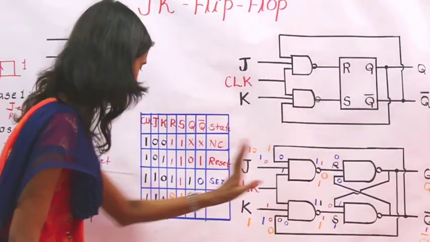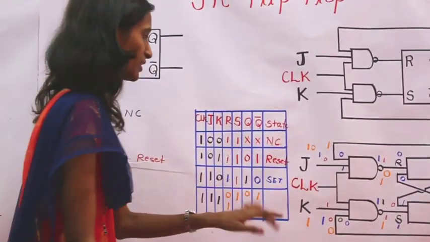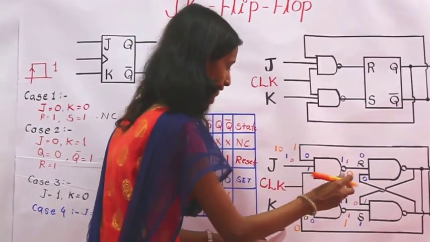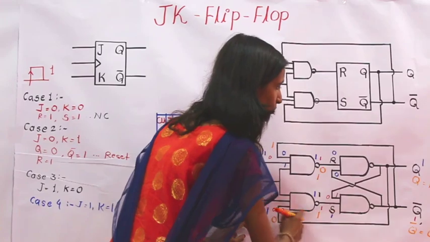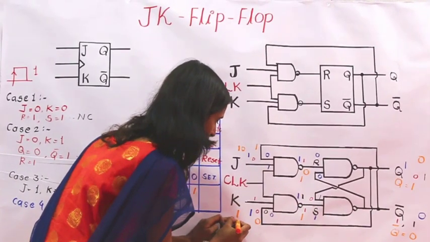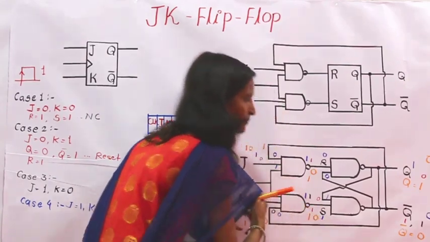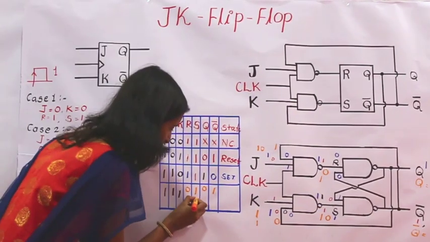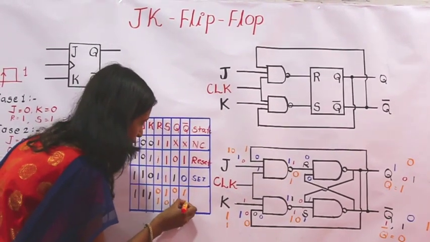So R I am getting as a 1 here. Now consider K. K is a 1 and Q is 1. So 1 and 1, S will become 0. So this becomes 0. What I assumed was 1 and 0.